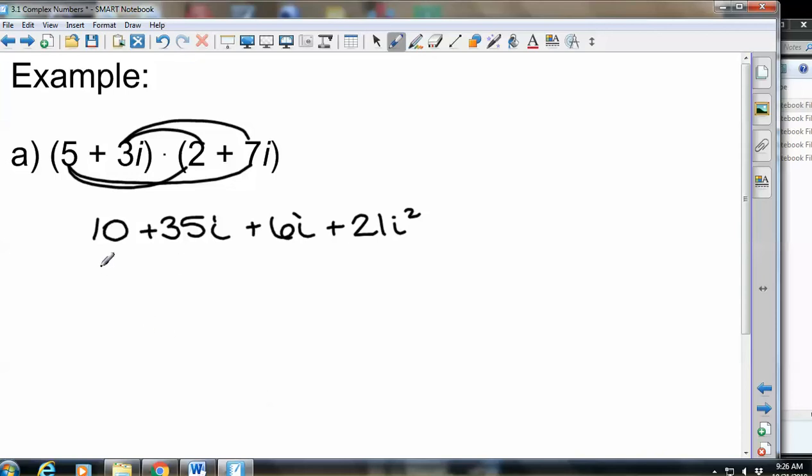Okay, so if you add like terms, shouldn't the 35 have an i squared? No, because it was from when you took positive 5 times 7. So if I add my like terms, I get 10 plus 41i.